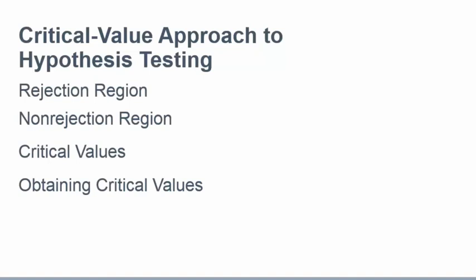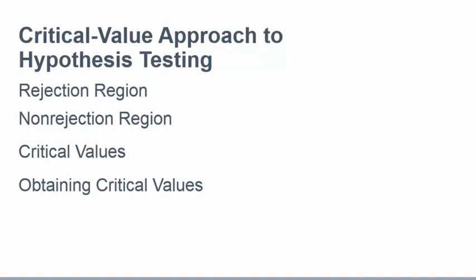To recap the section, critical value approach to hypothesis testing. Rejection region, the set of values for the test statistic that leads to the rejection of the null hypothesis. Non-rejection region, the set of values for the test statistic that leads to non-rejection of the null hypothesis.